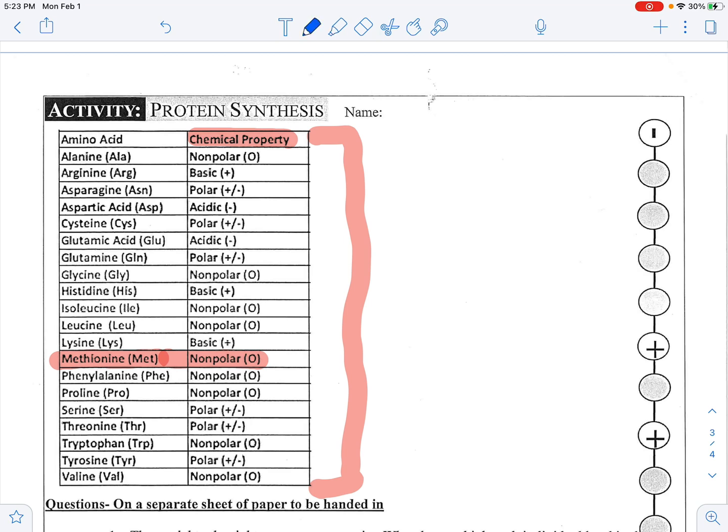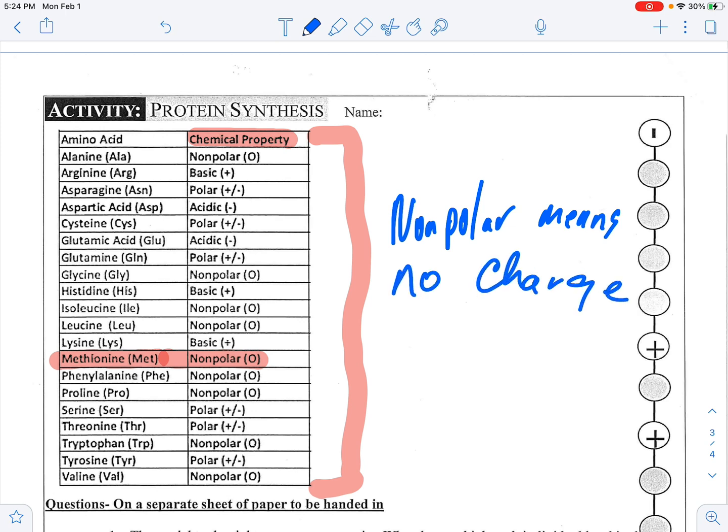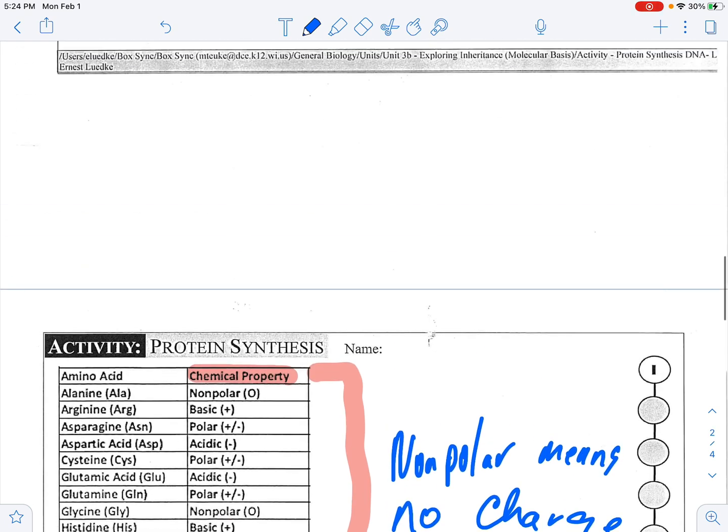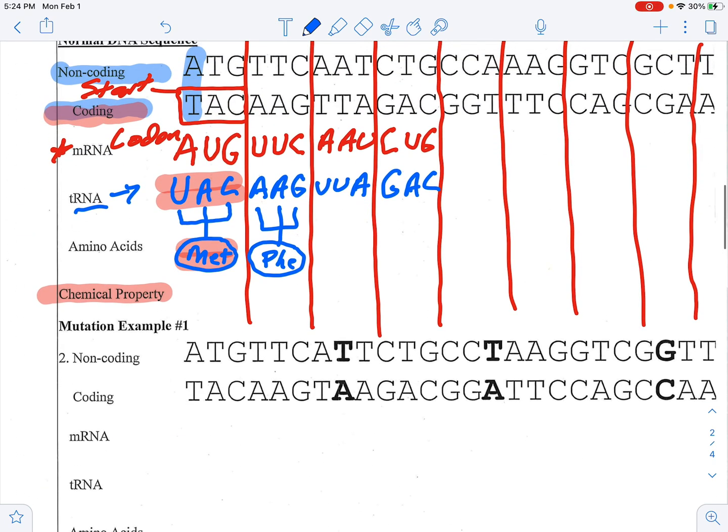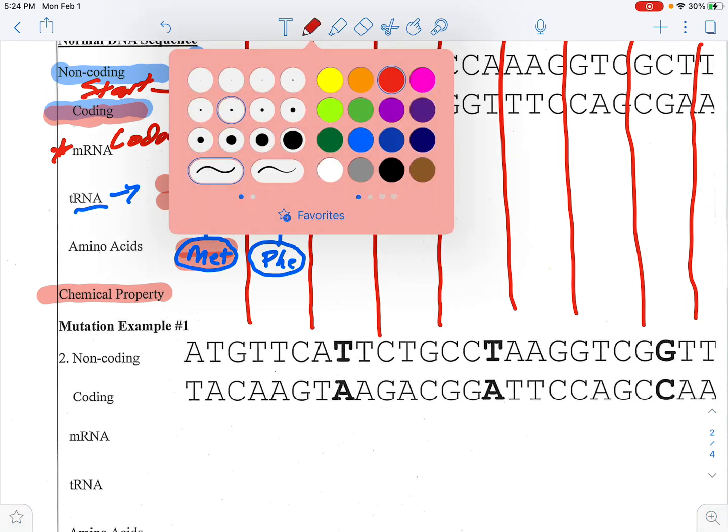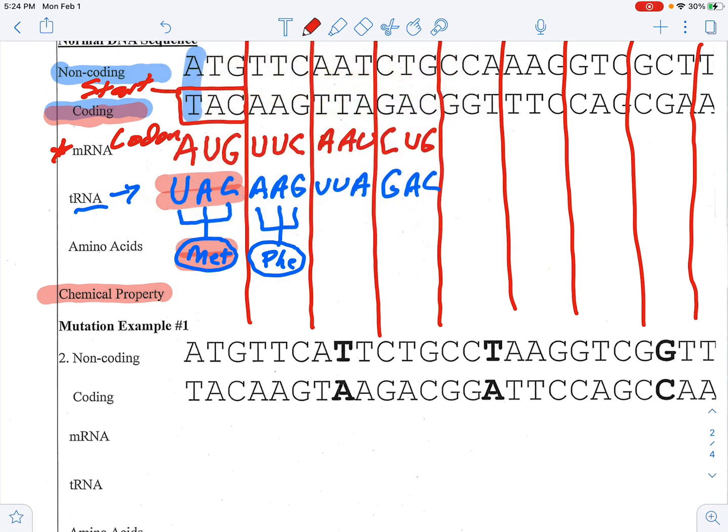Nonpolar means no charge, so that's why we're going to write a 0. We're going to go back up here, and I'm going to switch my color, and put a 0 for no charge.